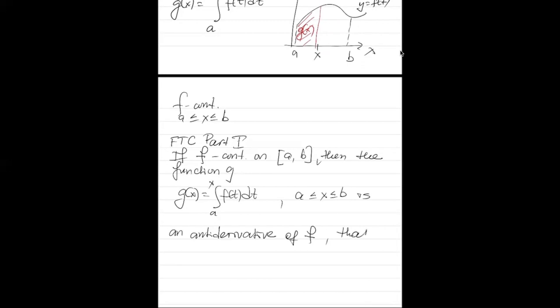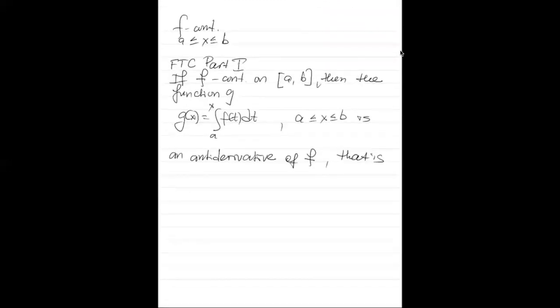That is, g prime of x is equal to f of x. And here x is between a and b.